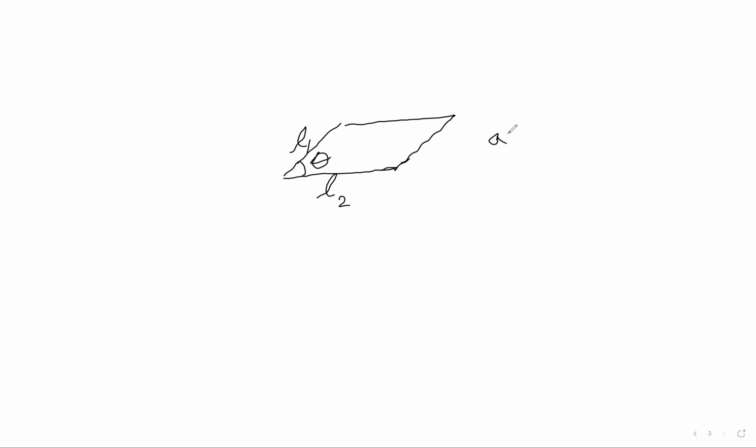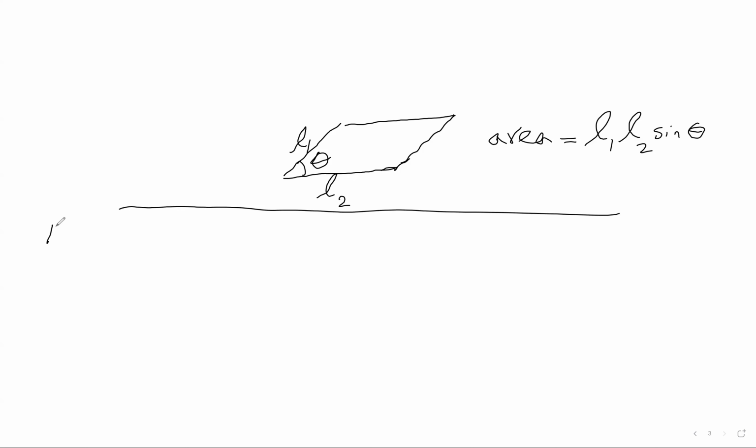The area of this parallelogram is going to be L1 times L2 times sine of theta. So if I want to translate this into vectors, let me write a note for the vectors, which is related to what we have talked about, cross product.